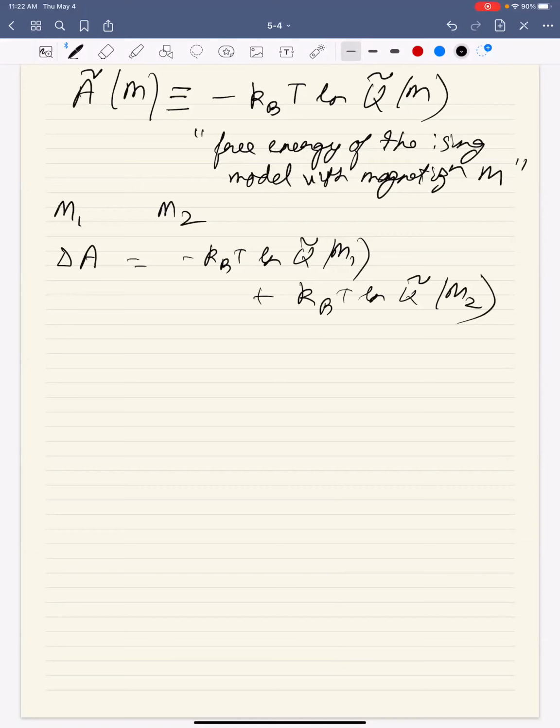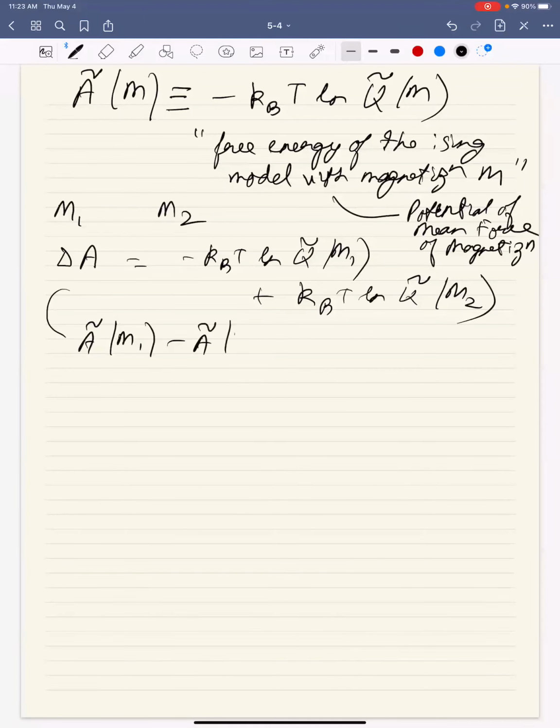Okay, so Chandler actually calls this the potential of mean force of magnetization. So this delta A, which is A tilde M1 minus A tilde M2, is the free energy difference between 2 configurations with magnetization M1 and magnetization M2.